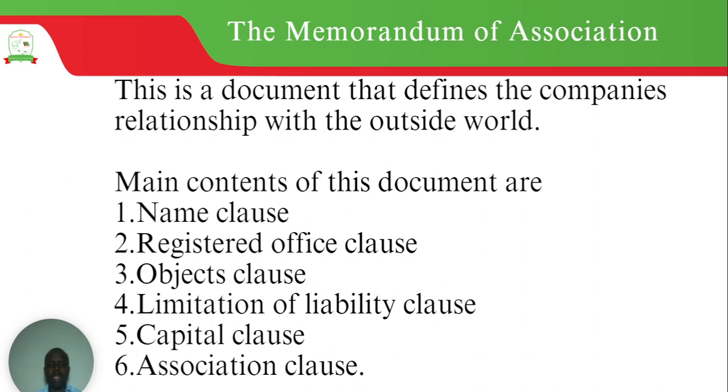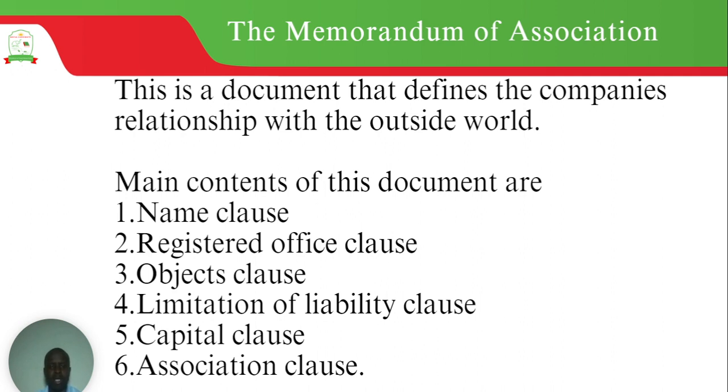It indicates that any person who has signed the Memorandum of Association, because it should be signed at the end, has agreed to be associated with that particular company. And for public limited companies, the requirement in terms of those that sign is that they should be at least 7 people.